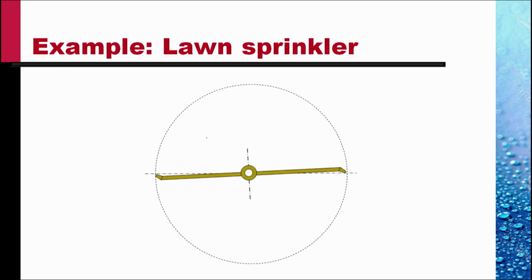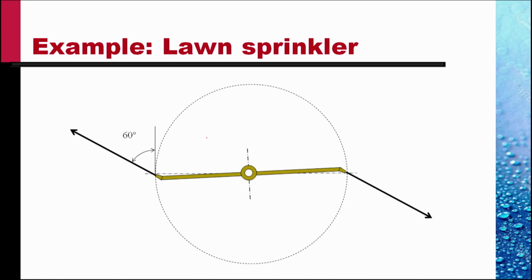We apply this law to a very simple example. Consider a lawn sprinkler. It consists of two arms rotating about a central pivot, a frictionless pivot. There's water coming out at 60 degrees to the edge, and because of this water coming out, the arm rotates.